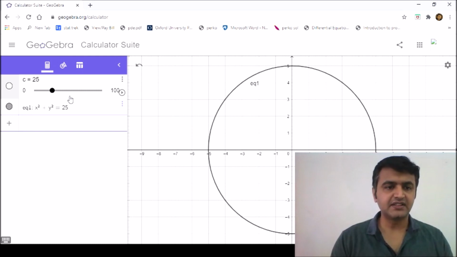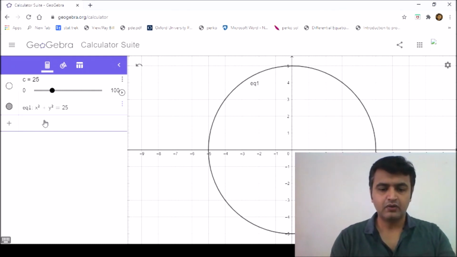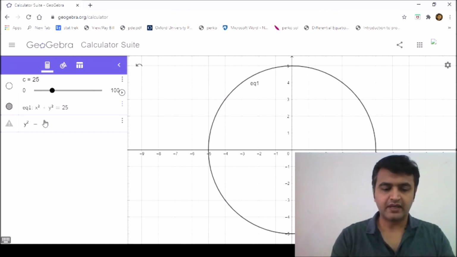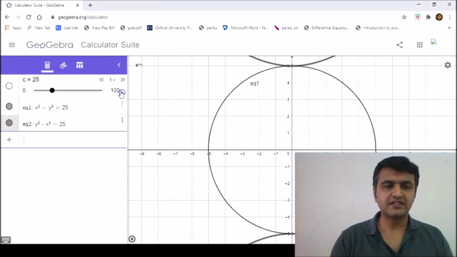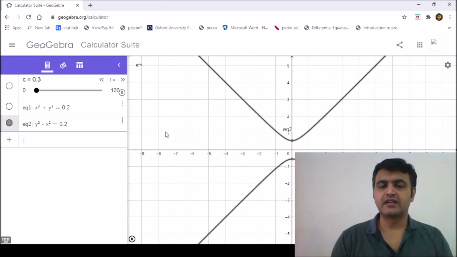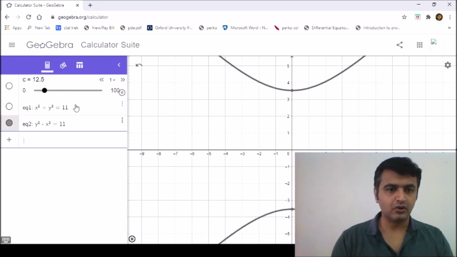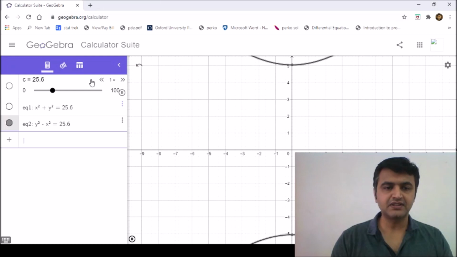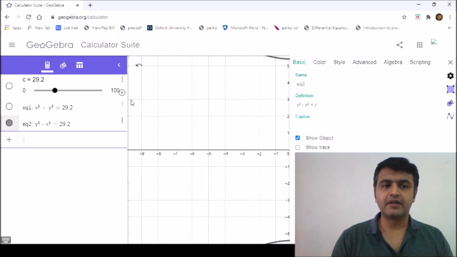Here if I make changes, so what do I have? Here I have y square minus x square equal to c. And now if I change the slider, okay, let me remove the circle. What I get are the hyperbolas. Here I am getting only vertical hyperbolas because I have given the value of c as positive.